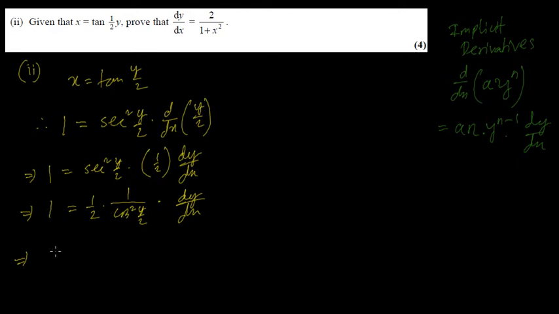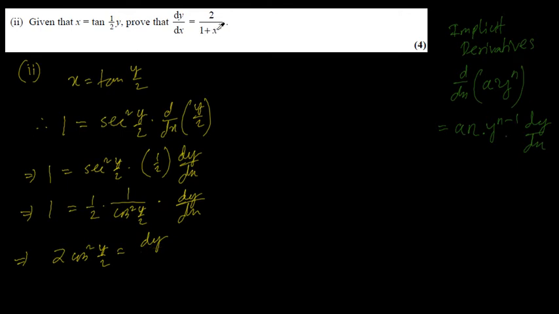We can write 2 into cos squared theta equals dy by dx. So this is what we can write. Now maybe it was not a good idea to convert the sec into cos, because we don't have to find dy by dx, but we have to prove something here.